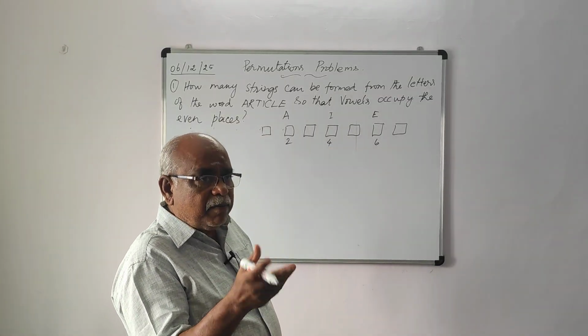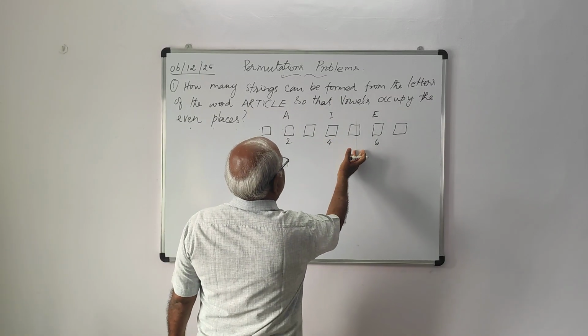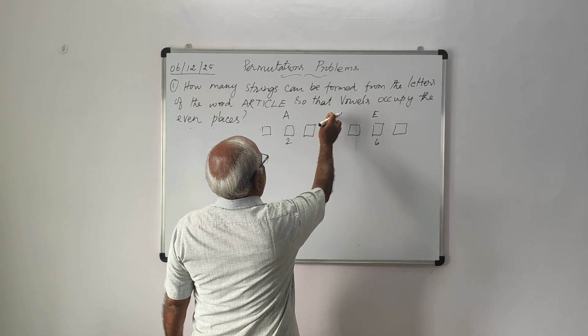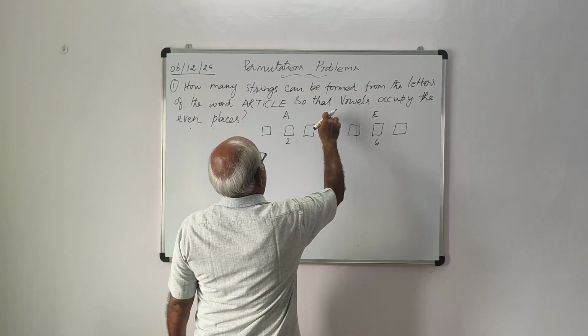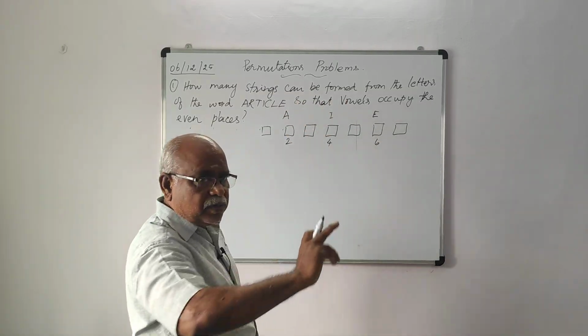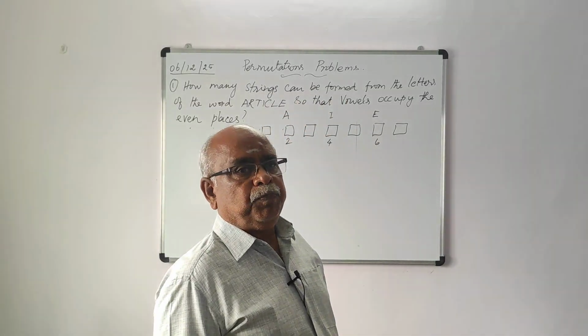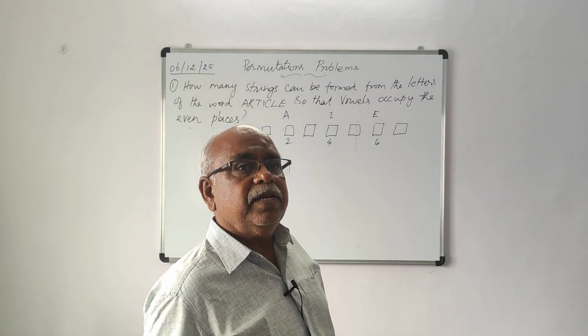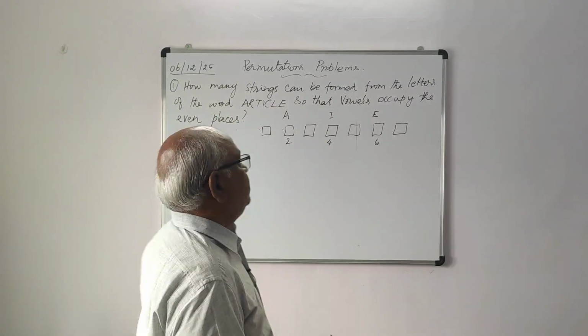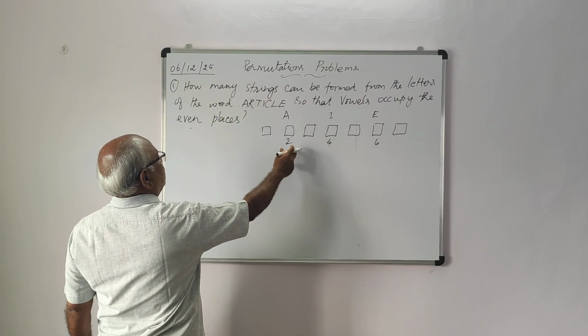So 3 vowels can be arranged in 3 places in 3 factorial ways. See, A can go there, E comes here, I comes here, like that. The vowels occupy the even places.